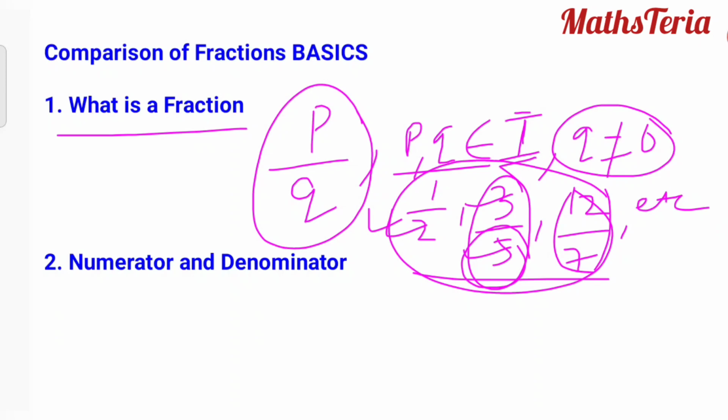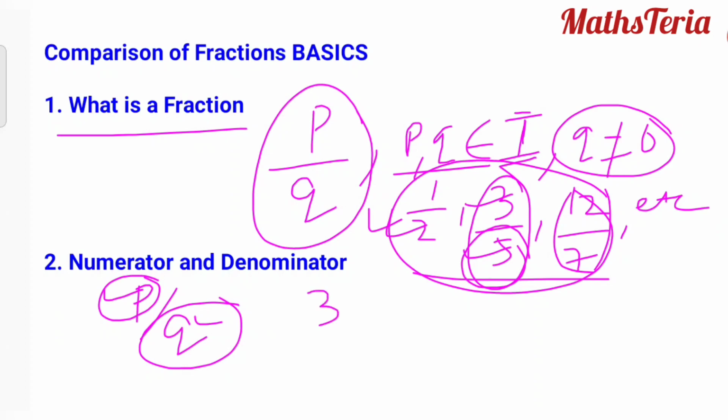Now, since we know that a fraction can be expressed in the form of p by q, in this p is called numerator and q is called denominator. For example, 3 by 5. In this fraction, 3 is the numerator and 5 is the denominator.